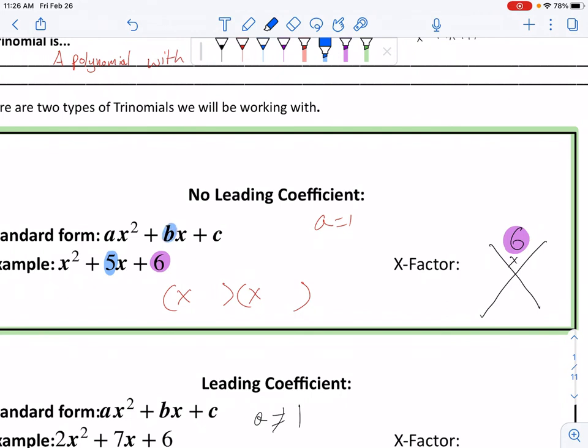So this is b, and this is our c term. So our c term goes on top, and our b term goes on the bottom, and it's a positive 5. So I want to use the signs that are attached to these numbers. So it's a positive 5, and I want to know what adds or subtracts to make 5.